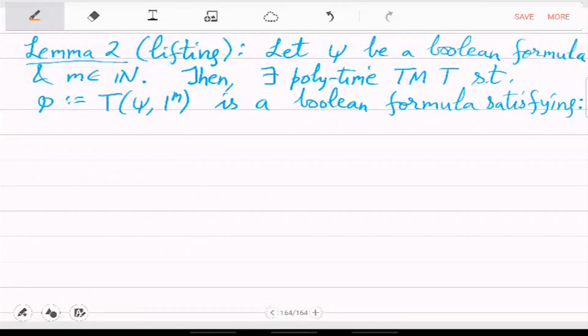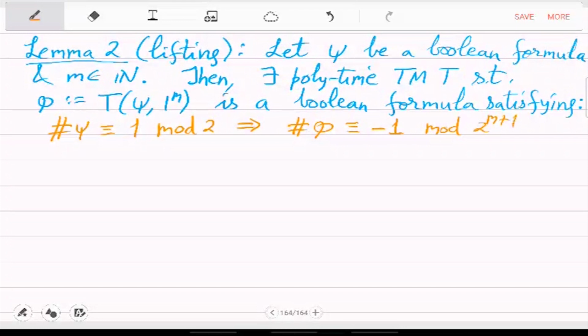So if the number of satisfying assignments of psi was odd, so 1, then it will lift to -1 in a much higher modulus, which is 2 raised to m plus 1.